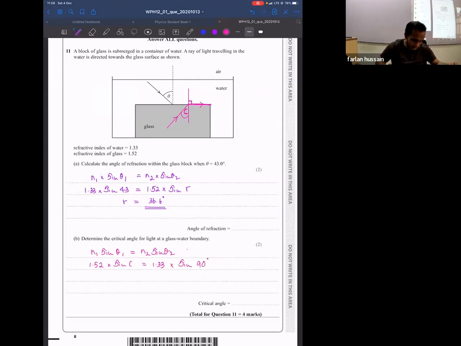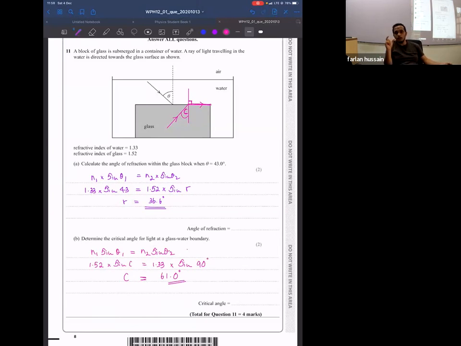So solve this equation: sine C is 1.33 into sine 90 divided by 1.52, and get the sine inverse of that. That's going to be C, which is 61.0 degrees. Are you getting 61.0? That is the critical angle for glass water boundary.